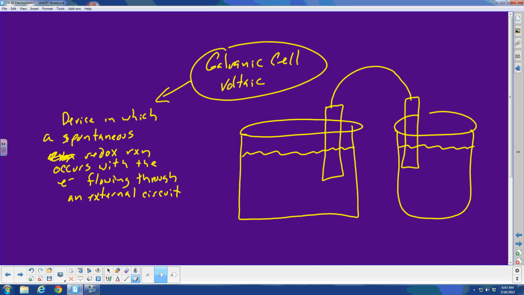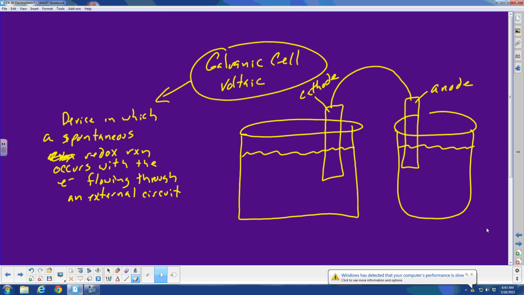And we're going to call one of these electrodes the anode, and we want to call the other electrode the cathode. So let's call this one the anode, and this is the cathode.